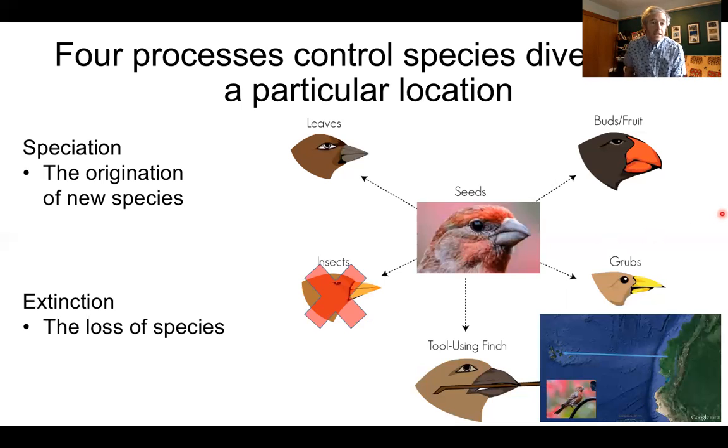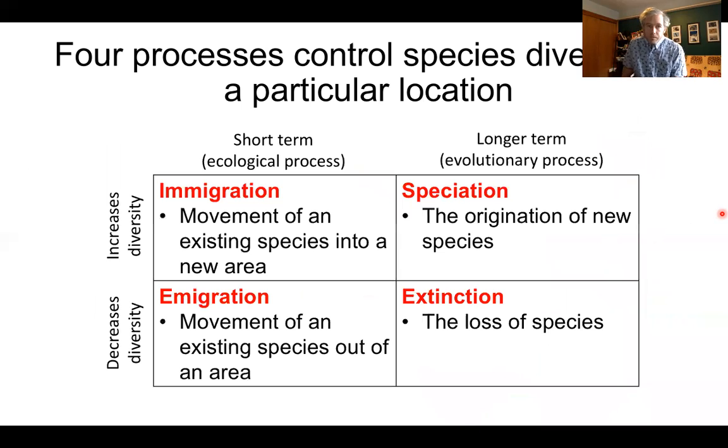Conversely, we can have extinction, which is the loss of species over evolutionary time. So as a result, we've got these four different processes. We have short-term ecological processes, which are immigration that increases diversity and emigration which decreases diversity. And over the longer term, in evolutionary processes, we have speciation, which is the origination of new species, and extinction, which is the loss of species.